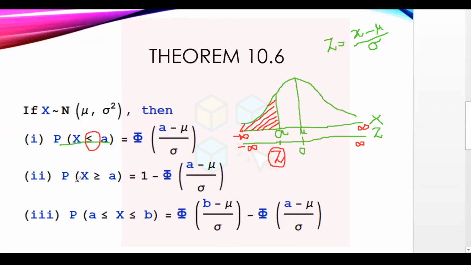Next axiom is, if our distribution function has value a on the number line and area x greater than equal to a, so we have to shade area above this point.